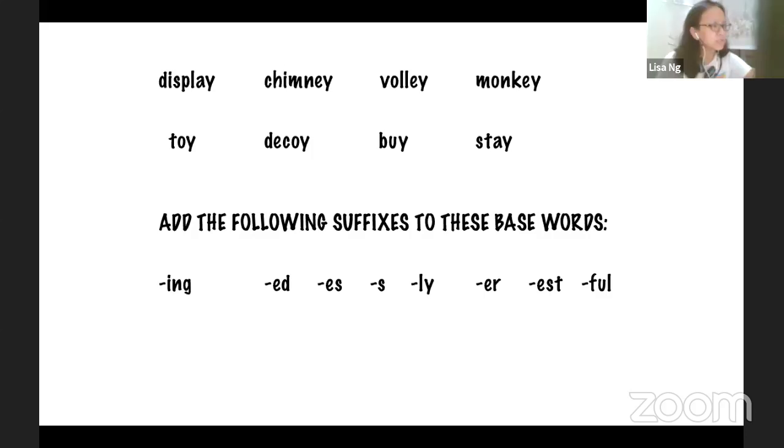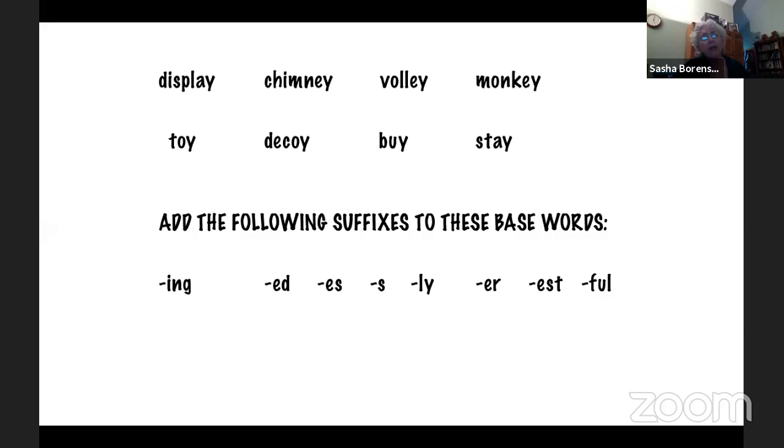Okay. I have a question, Sasha. What would you do if, like, I just took the word display, if you have ES and S? Okay, that's a really good question. So if you think back to plurals, the difference between using ES and S was what's at the end of the base word.